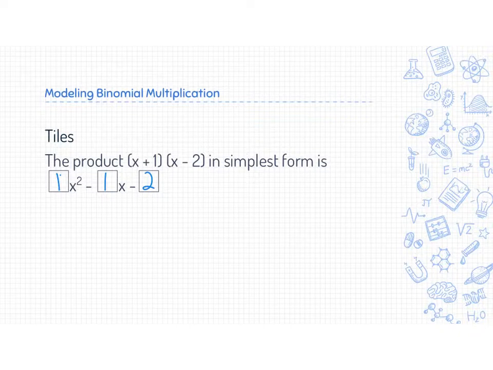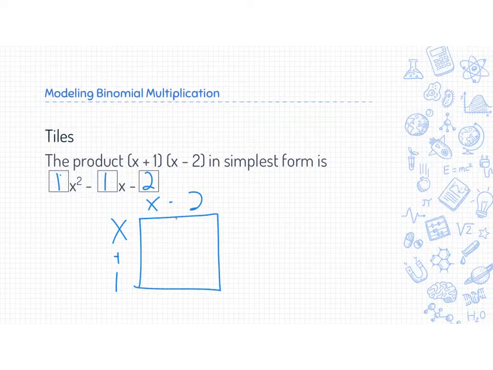Okay, and so the area model, which comes off of those tiles, is I would have the x plus 1 down the side, and then an x minus 2 across the top. We draw our box. That's why some students call it a box method, or an area model, because I'm multiplying a length times a width, essentially.